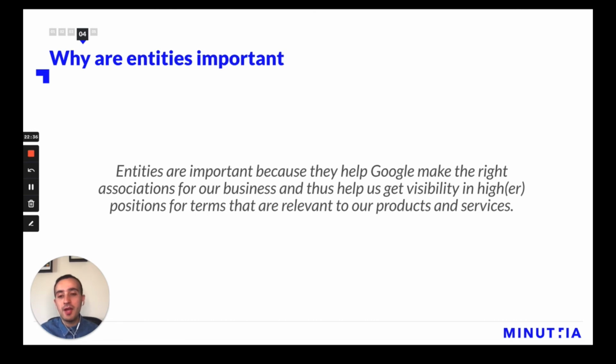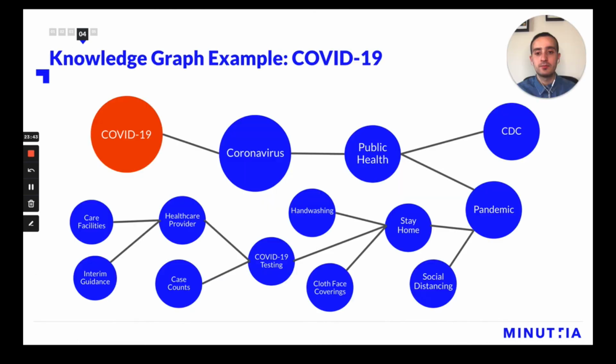Without the right entities, Google cannot understand what your business is all about, and thus it cannot consider you and your website as a relevant resource based on the queries that are connected to your products and services. To make this a bit more plain and easy to digest, let's use an example that we all know, unfortunately, COVID-19.